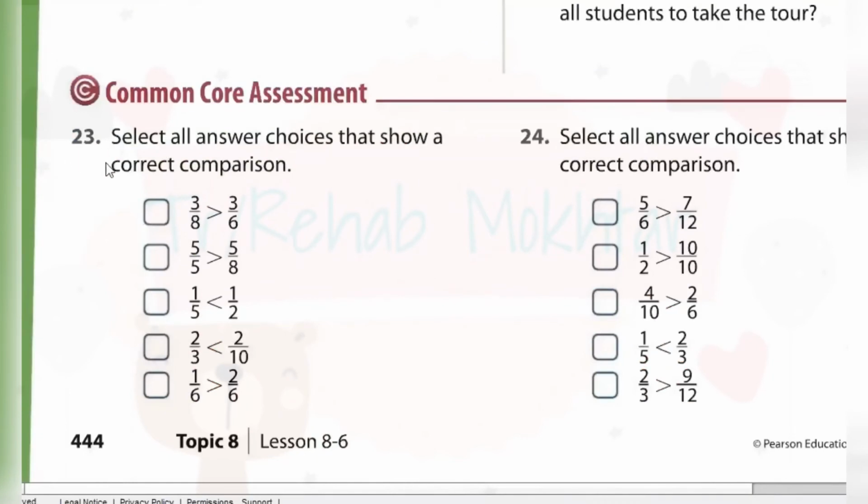Number 23, page 444. Select all answer choices that show a correct comparison. 3 out of 8 and 3 out of 6.